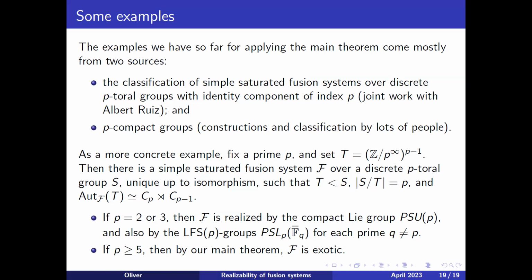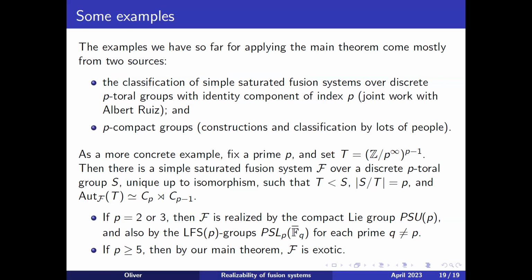So you can think of this as a subgroup of Sigma_p, the symmetric group on p letters, and equal to the symmetric group when p equals 2 or 3. And that's why the cases p equal 2 or 3 are separate.